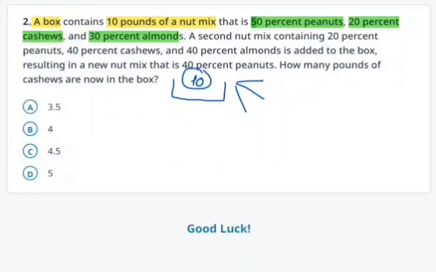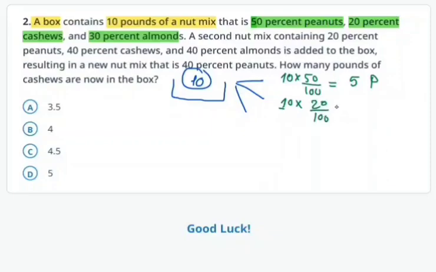So 50% peanuts means 10 times 50 over 100. The answer is 5. This is the number of peanuts. The second quantity is for cashews, 20%. That is the total number of pounds times 20%.